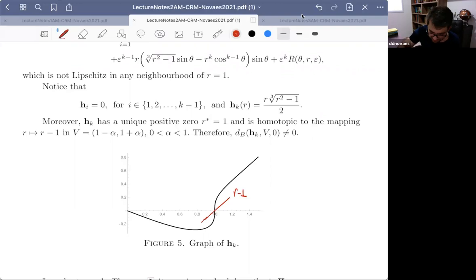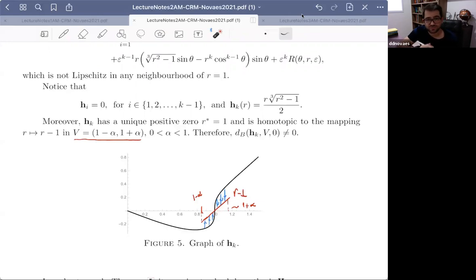That's the idea. So we can choose a nice domain here, for instance, between 1 minus alpha and 1 plus alpha. This will be our V. Okay, and in this domain we can construct a homotopy between these two functions in such a way that during the deformation the unique zero of the function is 1.